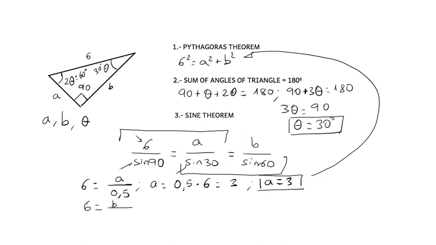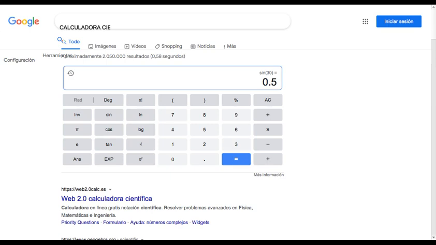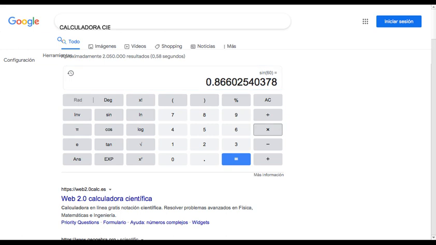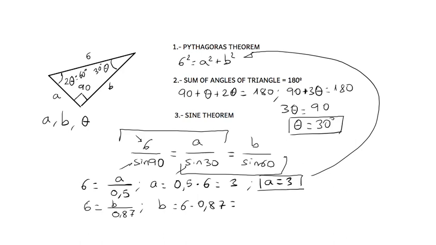Sine of 60 is 0.87. So b equals 6 times 0.87, which equals 5.2. So b equals 5.2.